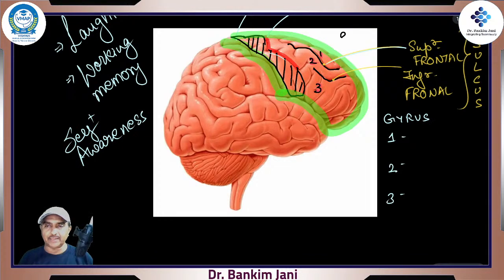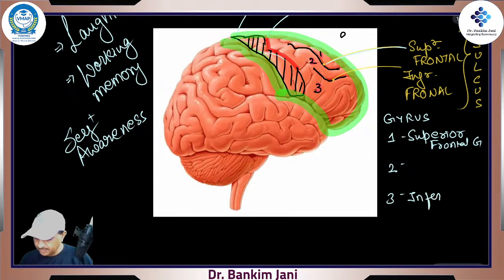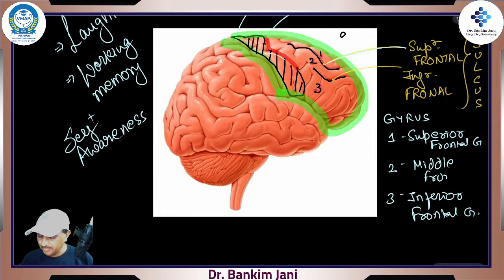And very rightly we can call the one which is above the superior frontal gyrus. Then the most inferior, we call the inferior frontal gyrus. And the one in between we call the middle one. Not very difficult names, but that's how they are named: superior frontal, middle frontal, and inferior frontal gyrus.